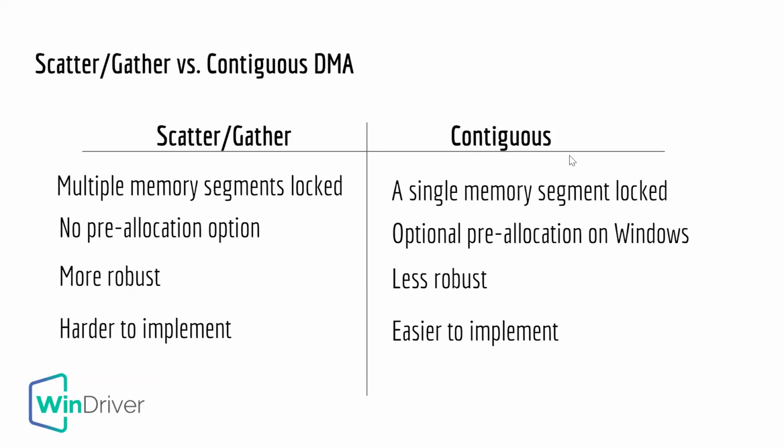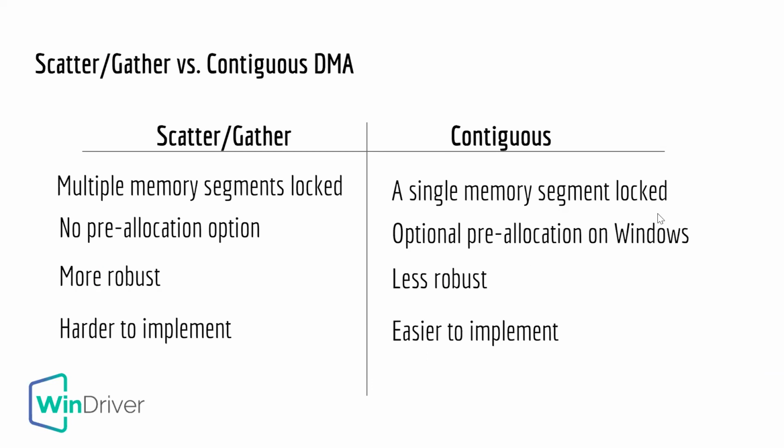In the contiguous method, we have only one page, and we need to make sure that the page is free, is available, that we have enough space in our memory to allocate and lock in order to perform the DMA.